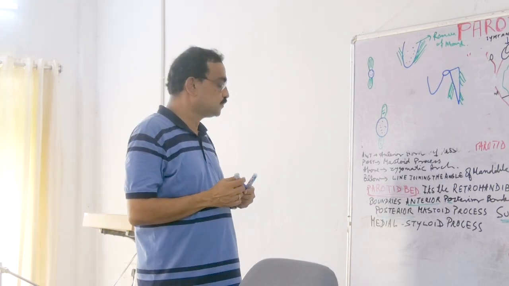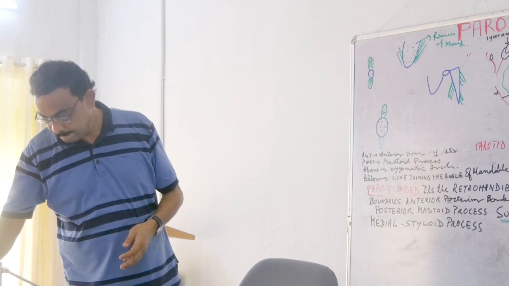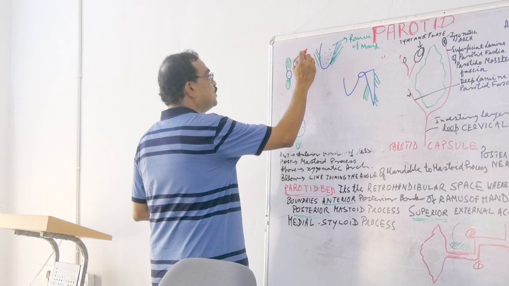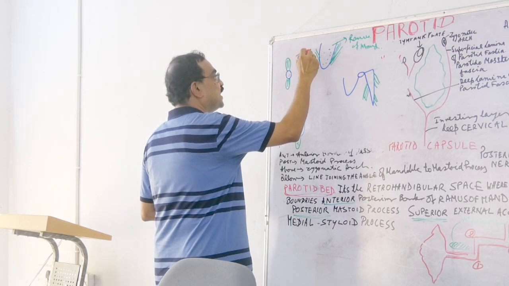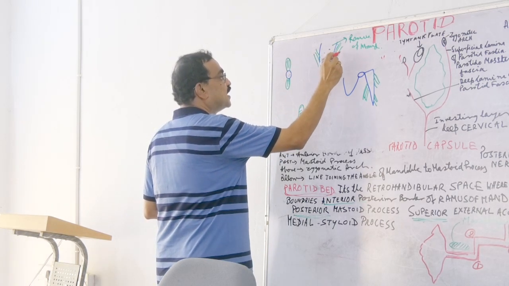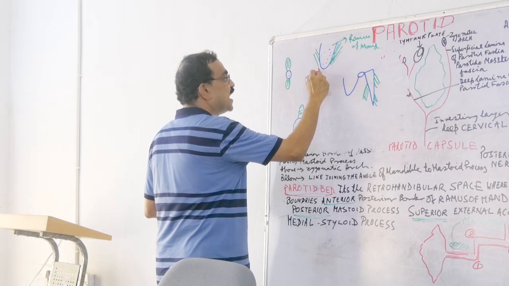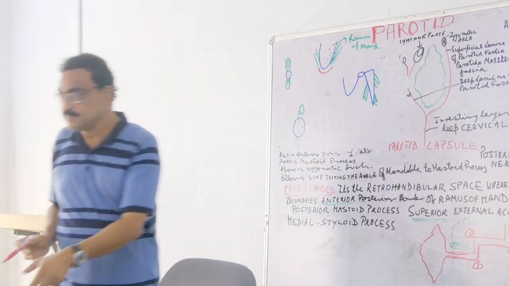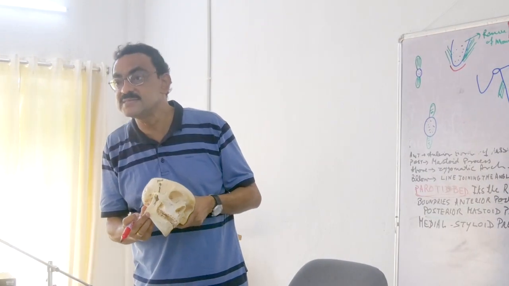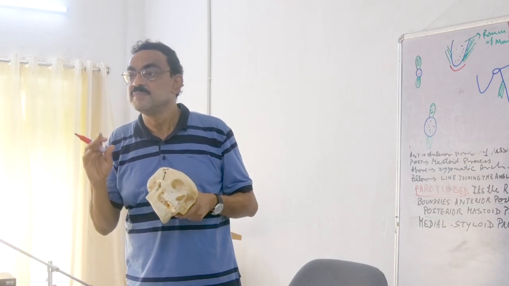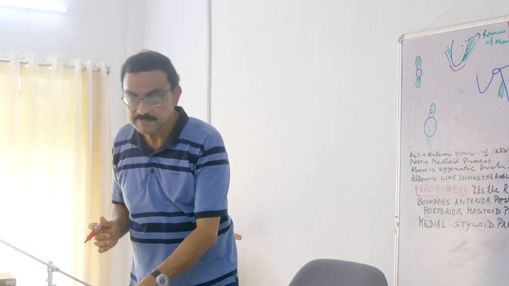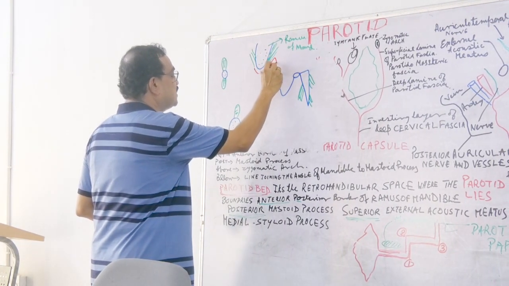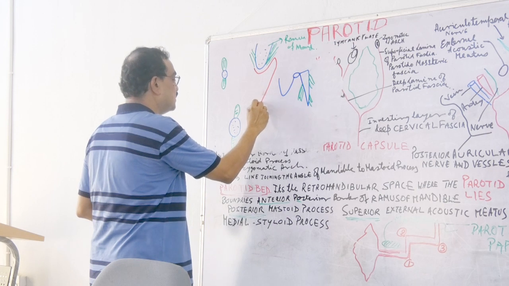So, if we draw the extent of the gland, first the gland is indented by the posterior border of the ramus of the mandible. Then a part of the gland goes outside.